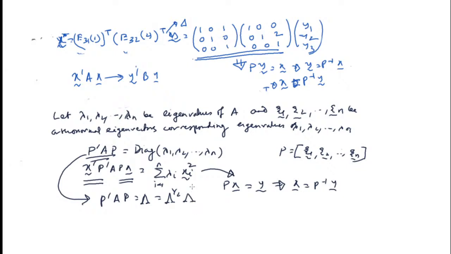Because A is positive definite, all lambdas are greater than 0, so we write capital lambda equal to lambda half into lambda half, and these matrices are non-singular.